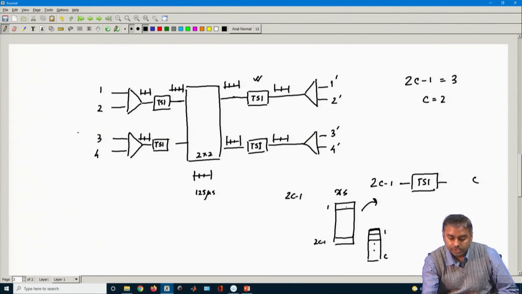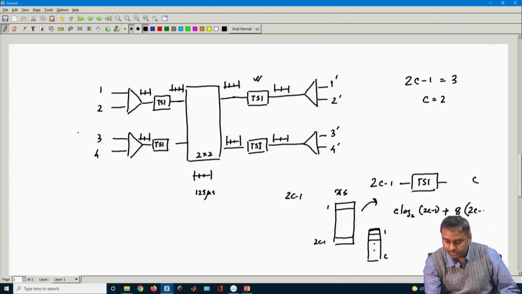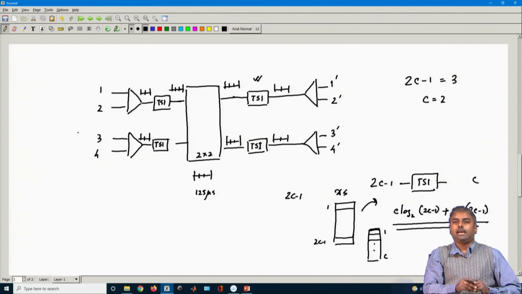Each location should be specifying one of these 2C minus 1, so that should be log to 2C minus 1. Okay. These many bits are required, and there are C number of locations. So, C into this plus 8 into 2C minus 1. So, that should be the memory requirement of this TSI switch now, as you have understood.